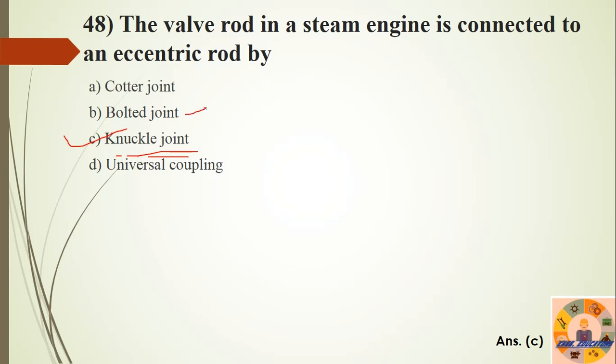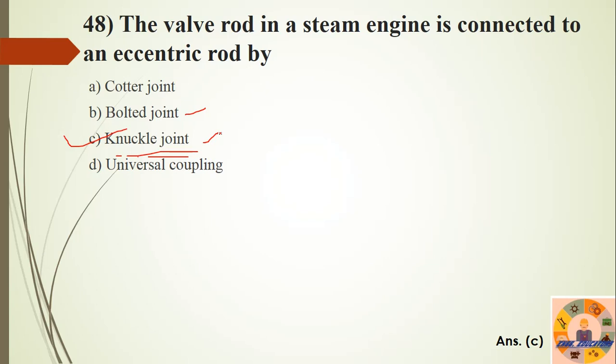You know, a bolted joint is a type of separable threaded joint made by bolt and nut, and we know the knuckle joint is used to connect two rods whose axes either coincide or intersect and lie in one plane.